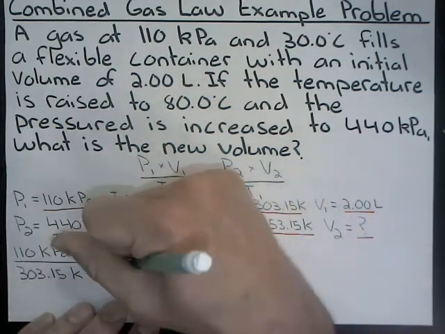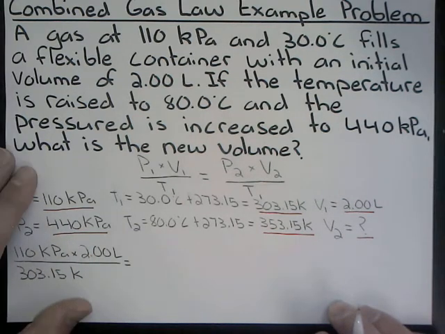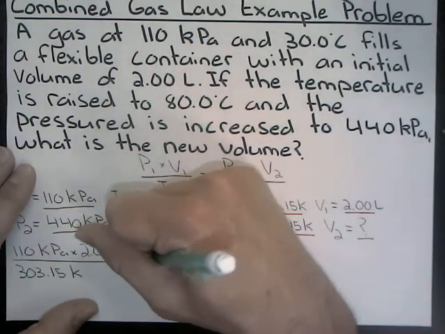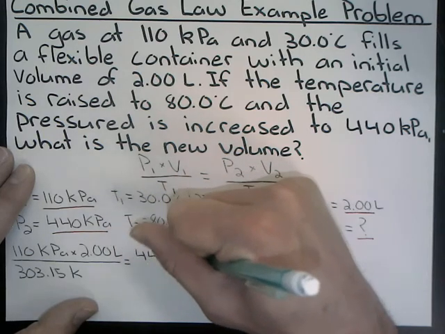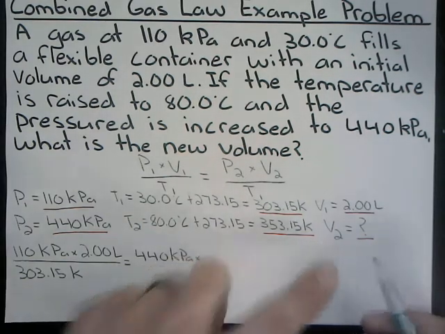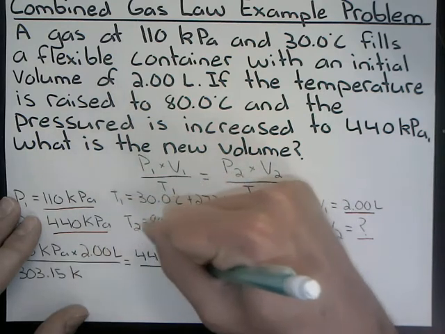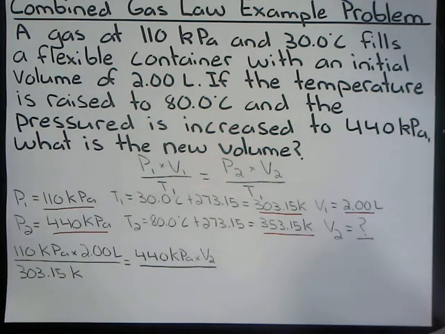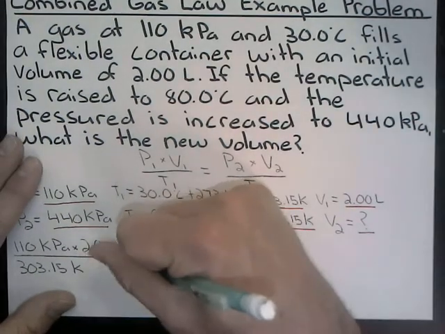Okay, this is equal to our second pressure, which is 440 kPa, times our volume, which we don't know, so we're just going to call that V2, all divided by our temperature, which T2 is 353.15 Kelvin.